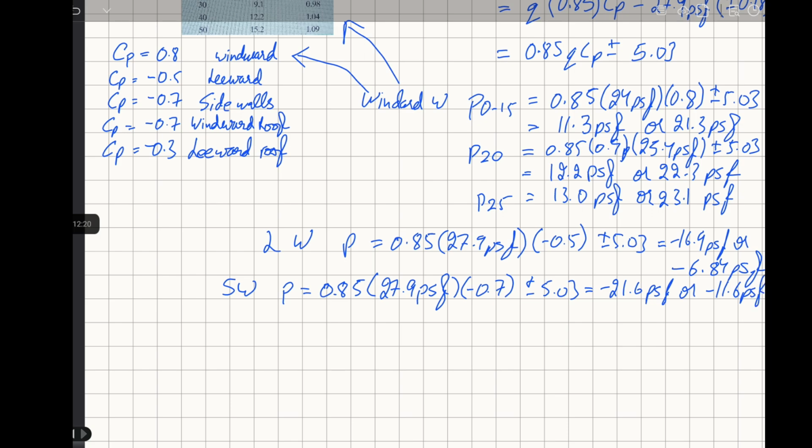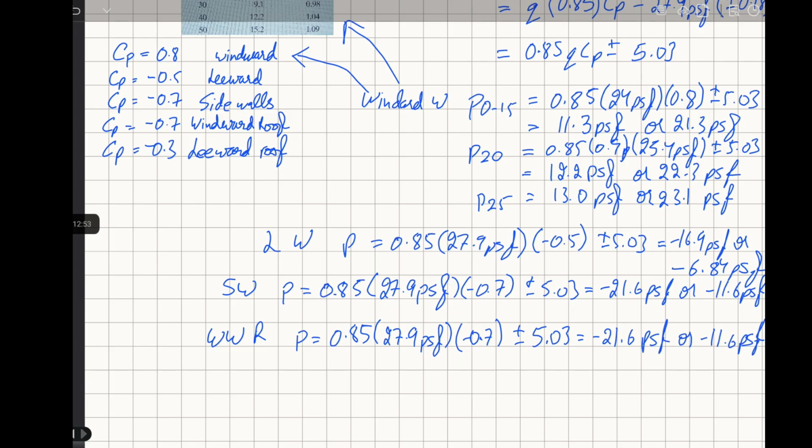Now moving over to the roof. Our windward roof would be 0.85 times 27.9 pounds per square foot times the external pressure coefficient, which is negative 0.7. So this means it'll be similar to our side wall, and the values were negative 21.6 pounds per square foot, or negative 11.6 pounds per square foot.